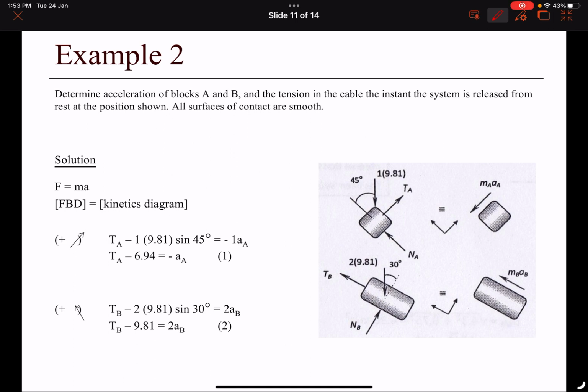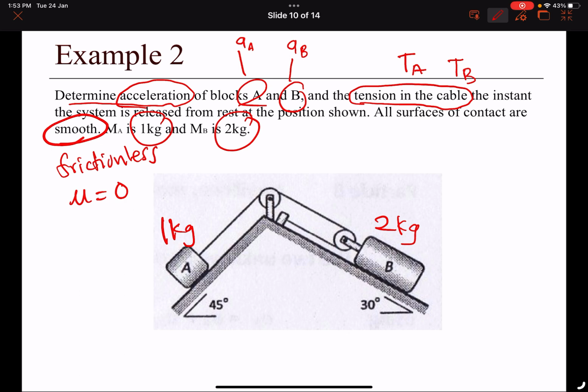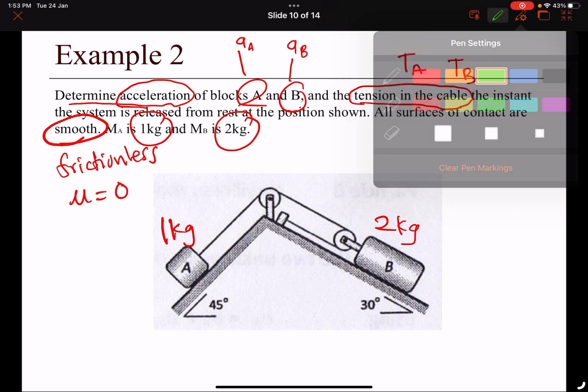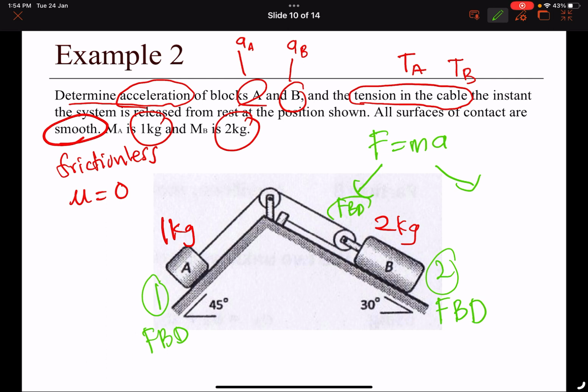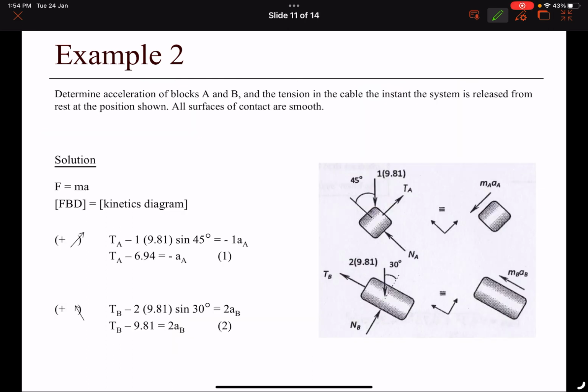The drawing should have at least two: the first drawing is for block A, and the second drawing is for block B. So there are two different free body diagrams. The FBD is the force one, and the MA is the kinematics one. Right, so this is an example of the FBD.